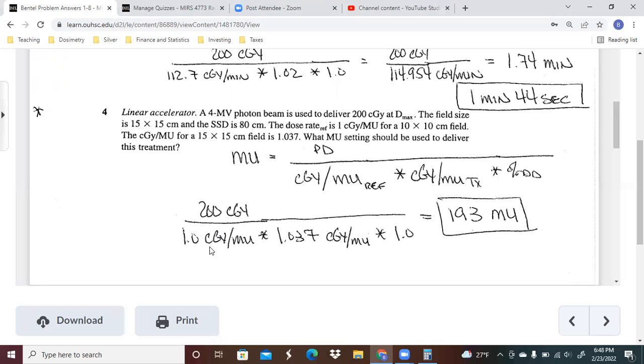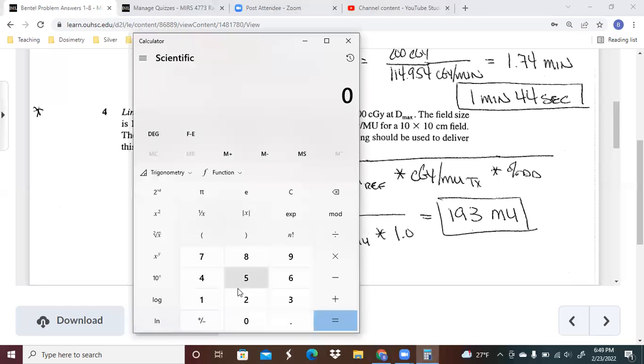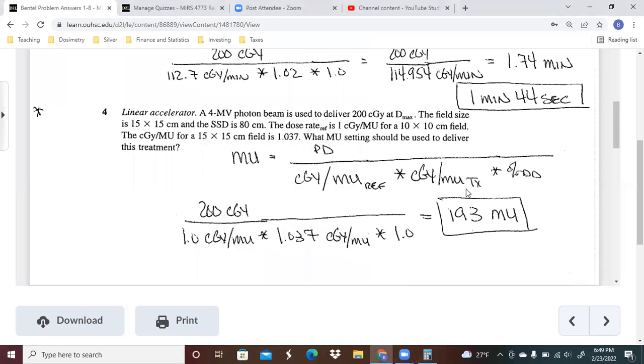So on the bottom here, we're just going to have 1.037. We're going to take that 1.037, divide it into 200. And we end up with 192.86 or 193 monitor units. So that's where this particular value comes from. So I hope that that video kind of cleared up any confusion you might have had.